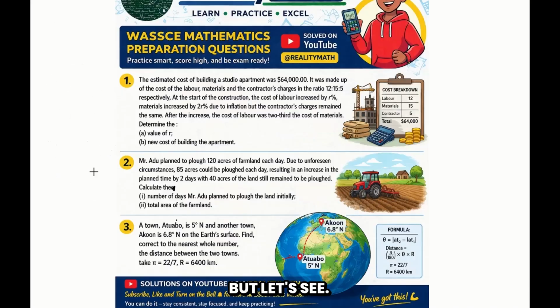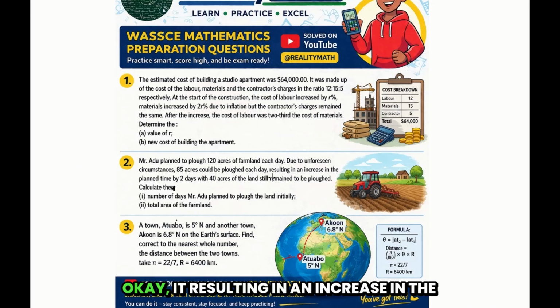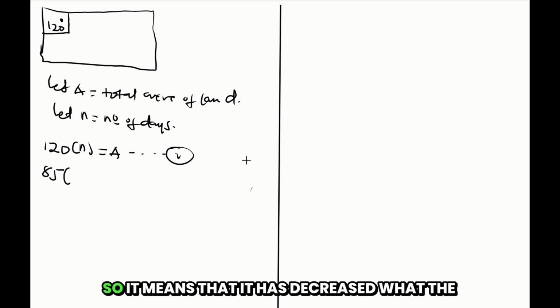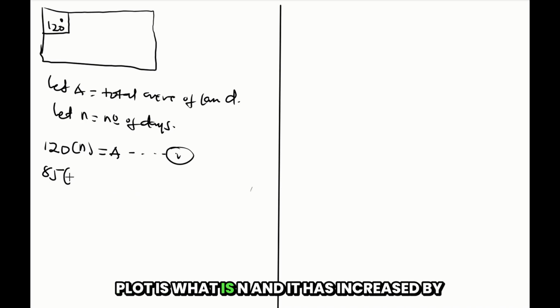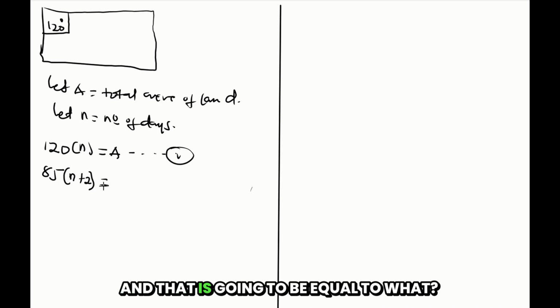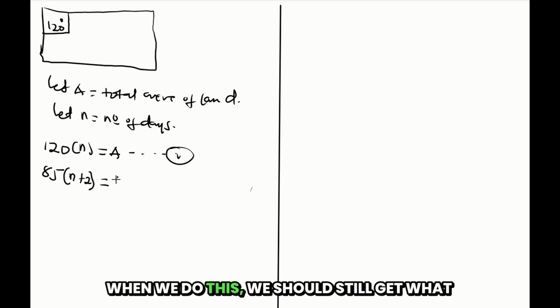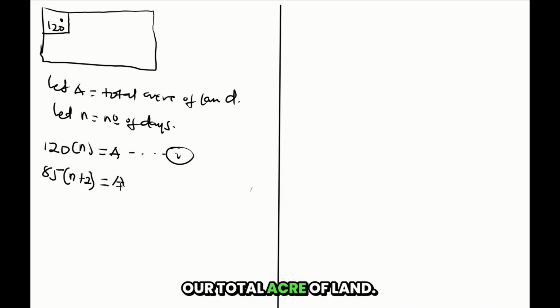It resulted in an increase in the planned time by 2 days. So it means the number of acres to be plowed each day has decreased, and that has increased the number of days it's going to take. The number of days is n, and it has increased by 2. When we do this, we should still get our total acre of land.